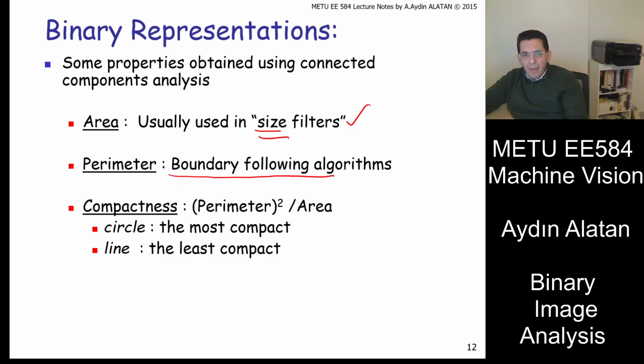Another thing is compactness, the perimeter squared versus the area. The circle is the most compact, 2 pi r squared over pi r squared, okay? Therefore, I'm talking about 4 pi, I think. This is the most compact thing that you can have. A line is the least compact. The area is almost 0, okay?